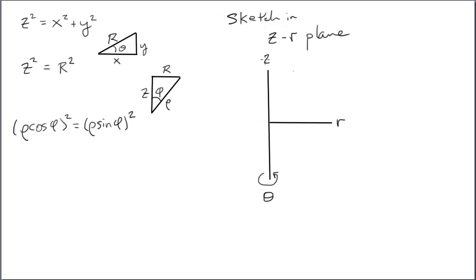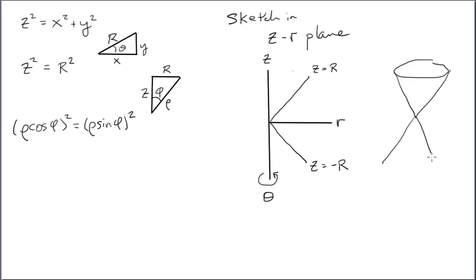So I can take a 3D shape and I'm looking at a radial cross-section. Looking at the polar form or the spherical form, I can graph it. Z is just a function of r. Z squared equals r squared, so Z is plus or minus r. That radial axis gets swung around with theta, and there's my surface.